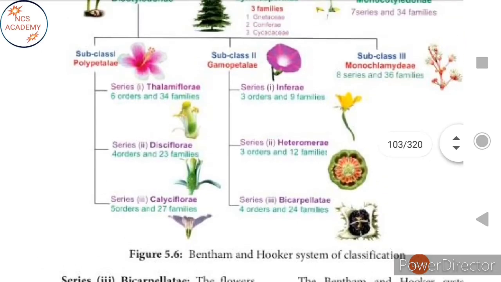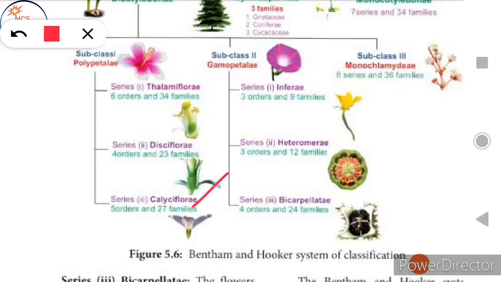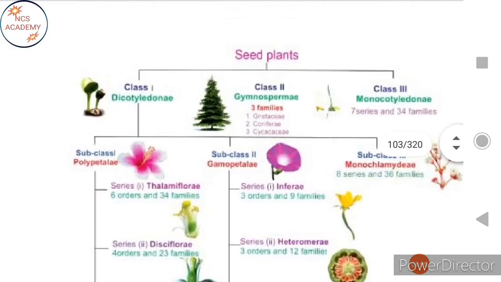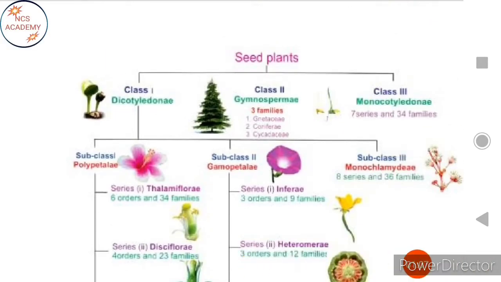Likewise, the series Caliciflorae. This is the best classification for this. This is Polypetalae. Likewise, the class Dicotyledonae. This is the systematic position for the given question.